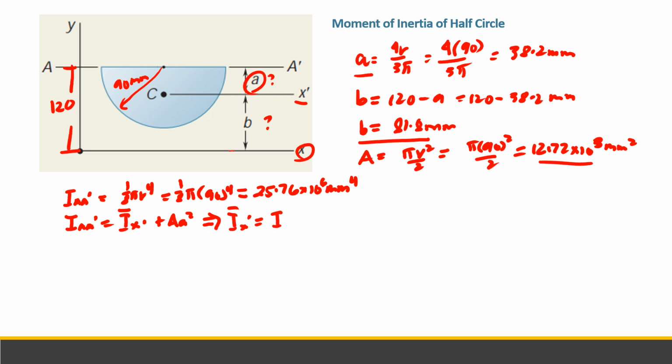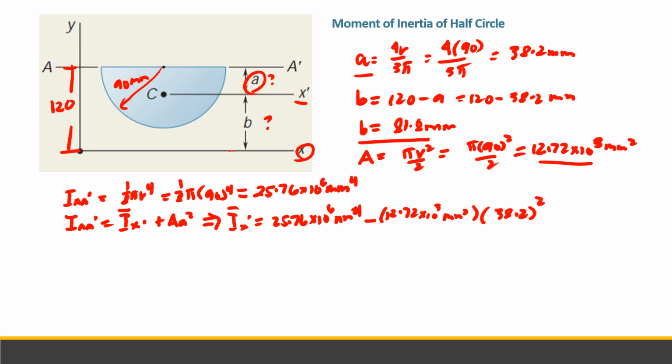So we have I_AA, which is equal to 25.76 times 10 to the power of 6 mm to the 4, minus the area, which is 12.72 times 10 to the power of 3 mm squared, times a squared, which is 38.2 squared.